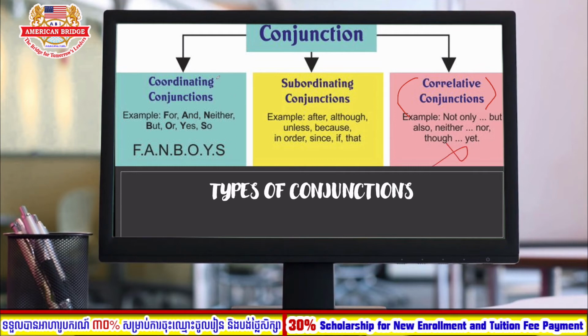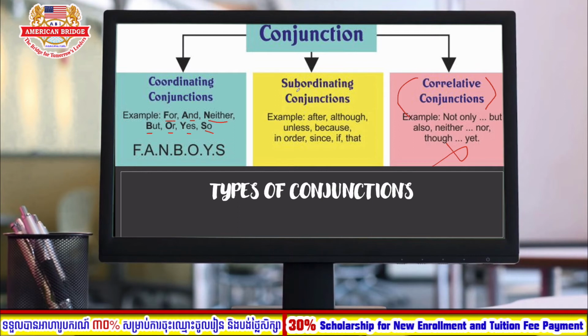We focus on these 2 types of conjunctions only. So coordinating conjunction, which is called fanboys, the initials of it, we have the words for, and, nor, but, or, yet, and so. So these are the coordinating conjunctions, and we will talk about this in detail later.